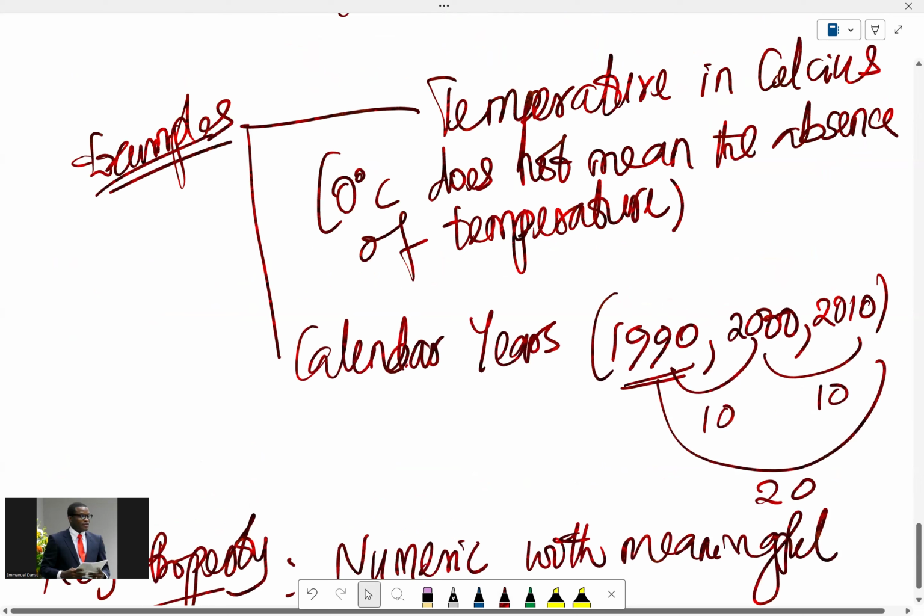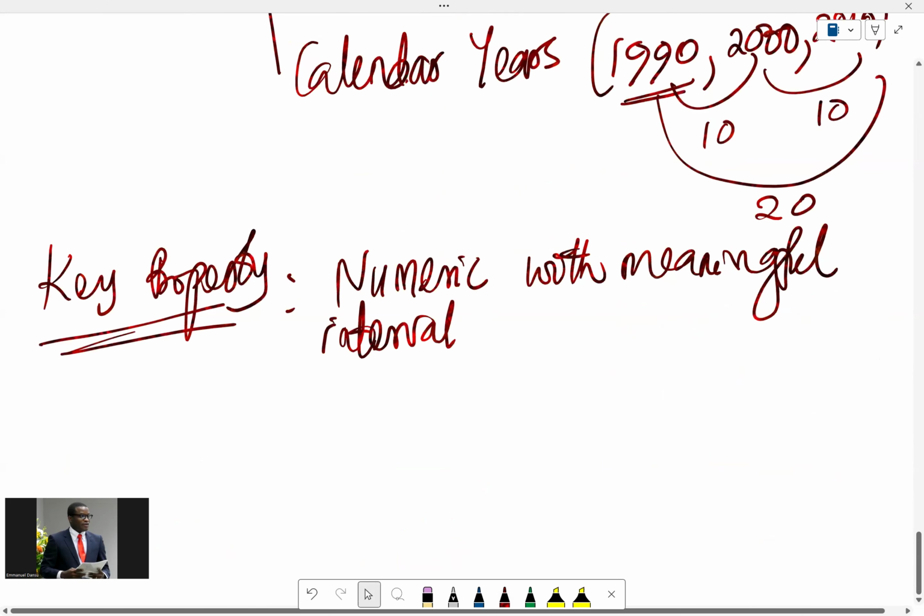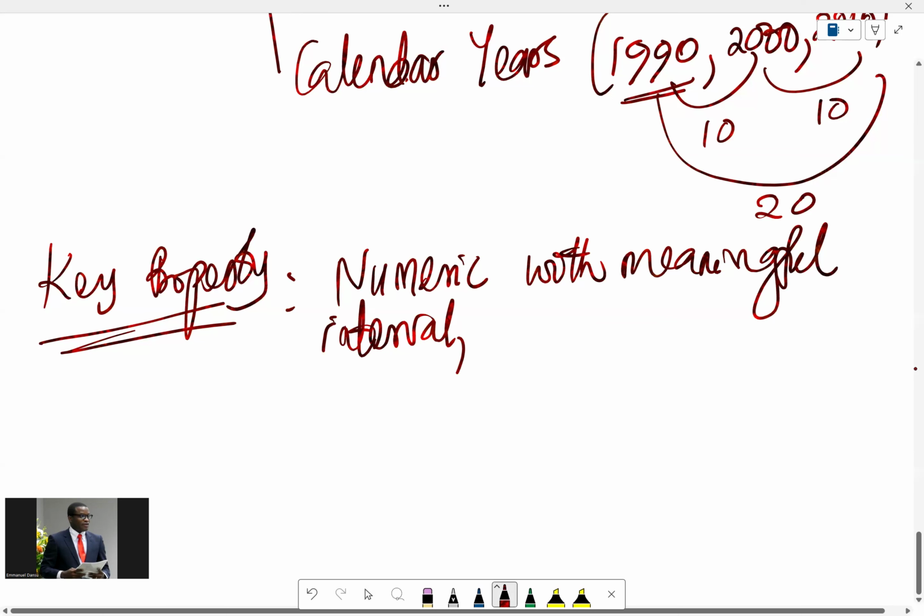The distance between 0 degrees and 1 degree is the same as the distance between 1 degree and 2 degrees centigrade. But the key is that there's no true zero. No true zero means the fact that you have zero doesn't mean that the thing ceases to exist at that point.